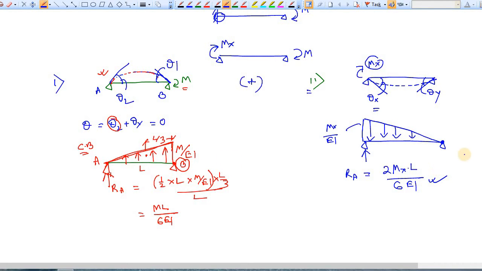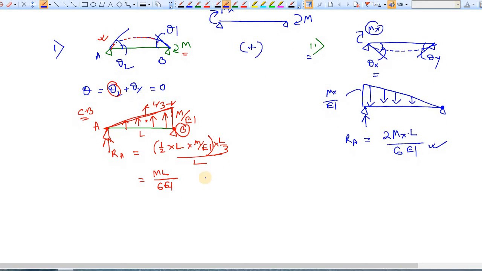Okay, and now theta 2 is known to you, also theta x is known to you, and you know that theta 2 plus theta x is 0. Okay, so we are getting mx L times 2 by 6 EI plus ML divided by 6 EI is equal to 0, or mx is coming as M by 2.